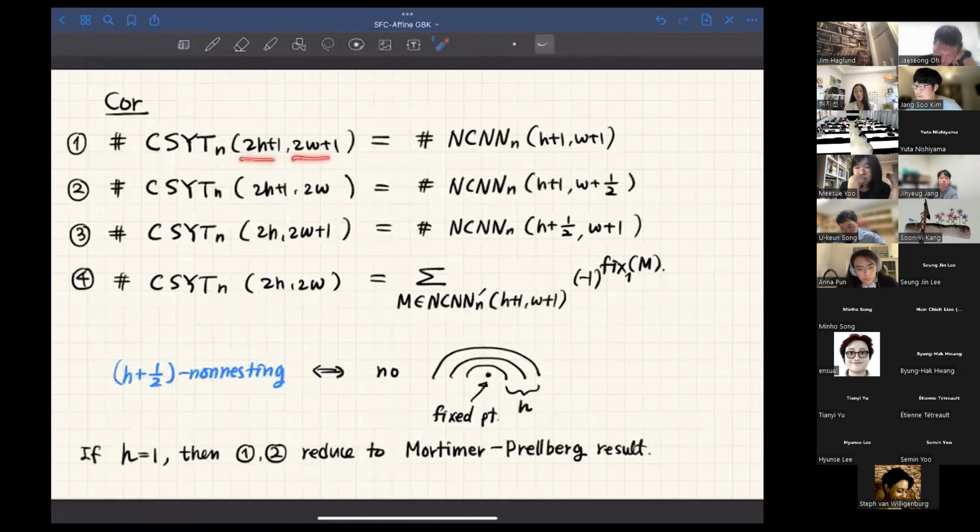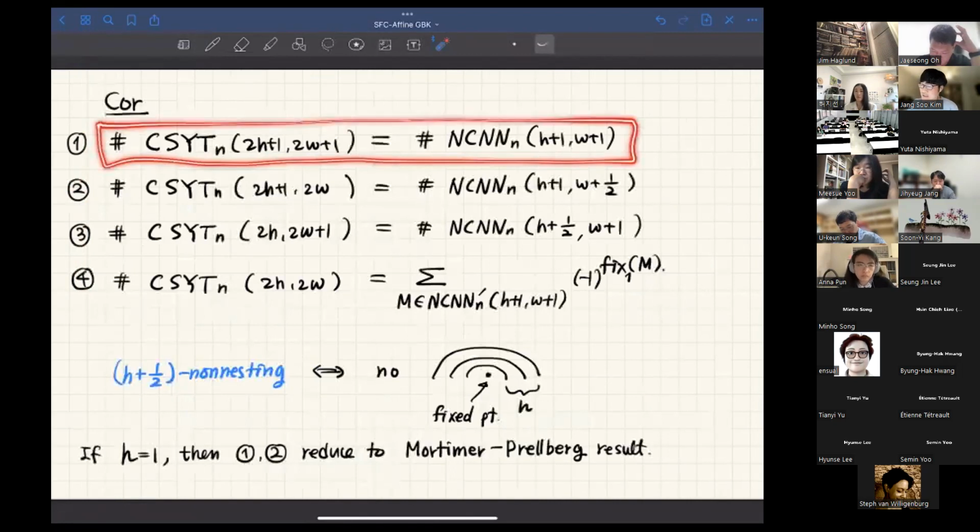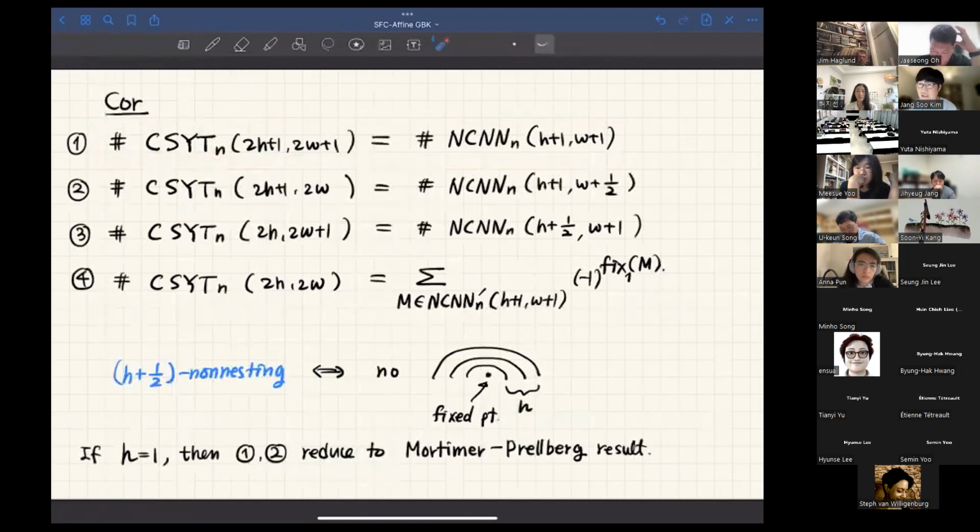Depending on the parity of H and W, we get these 4 identities. This is the thing that I told you at the beginning of my talk.